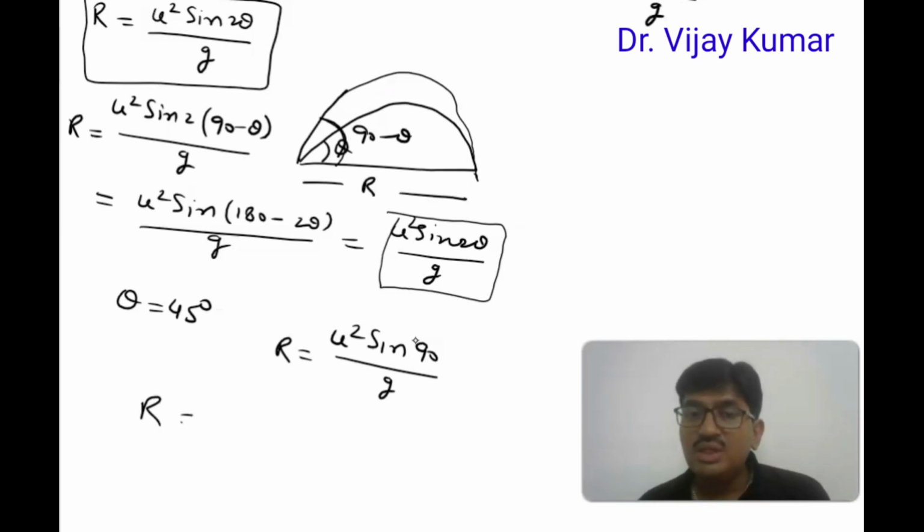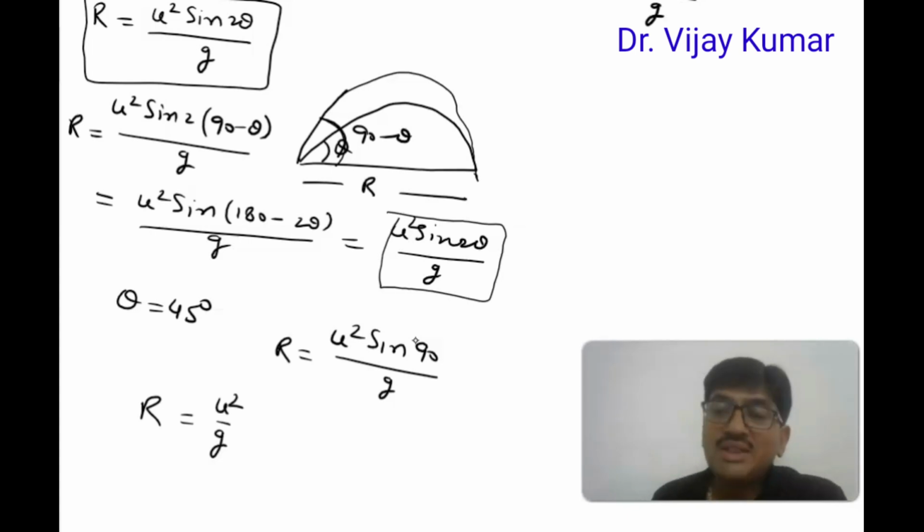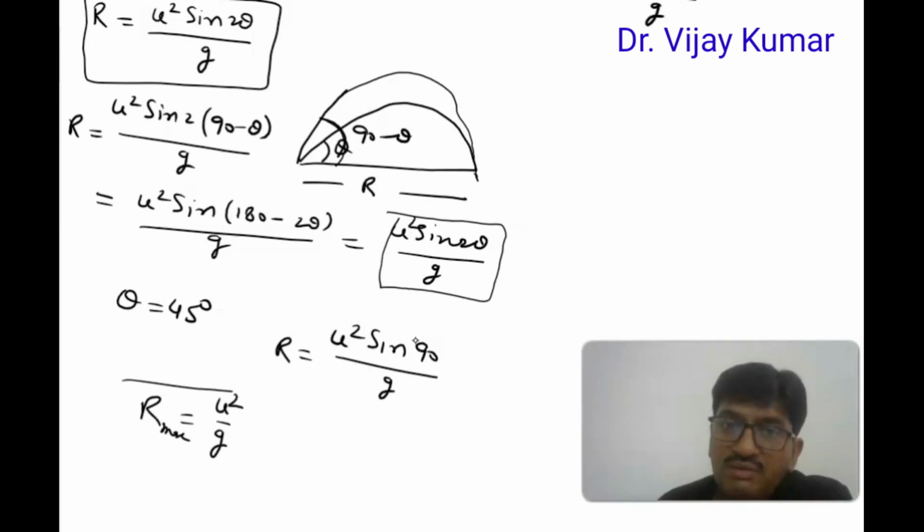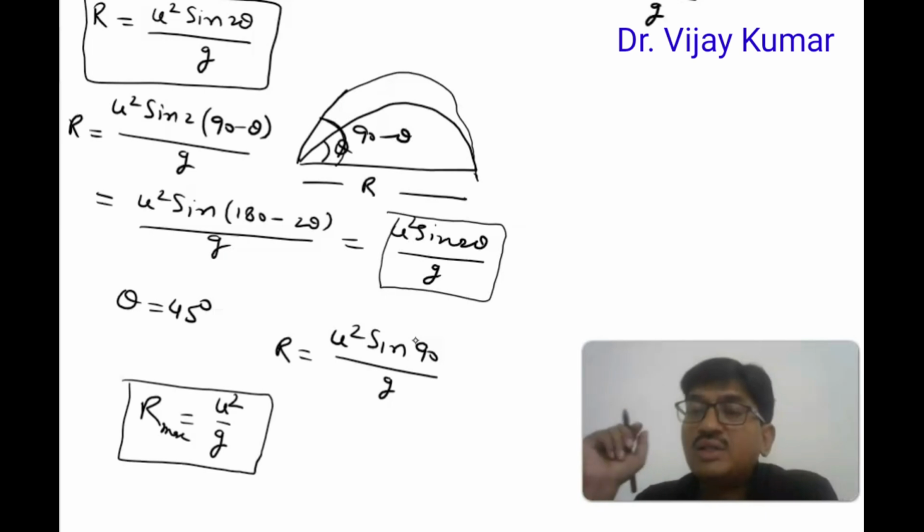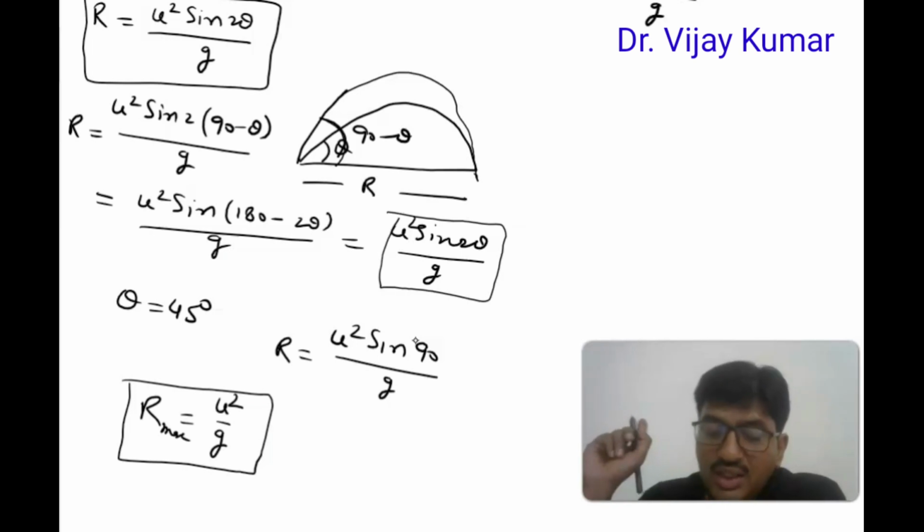So the range is u square upon g, which is the maximum range. So we can say that when the particle is projected at an angle of 45 degrees from the surface of the earth, the range will be the maximum. This is the second technical point.